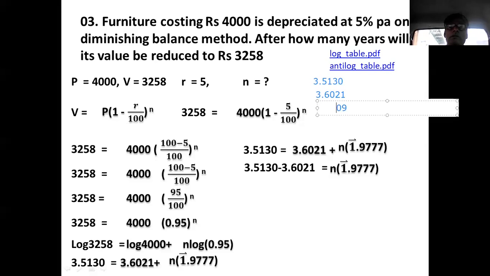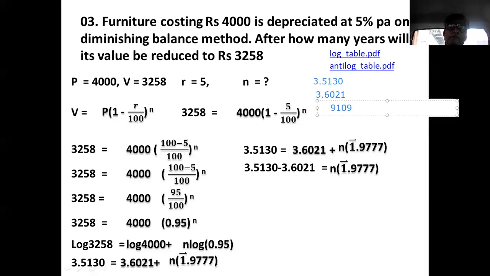Then next number is 1. You deduct 1, 1 minus 0, that is 1. Then 5 minus 6. 5 minus 6 is not possible. Therefore, 15 minus 6 is 9.